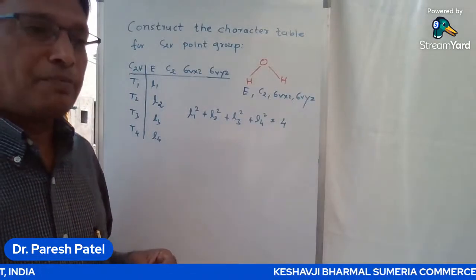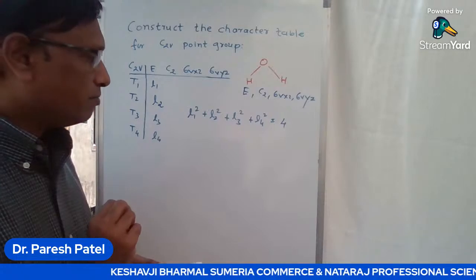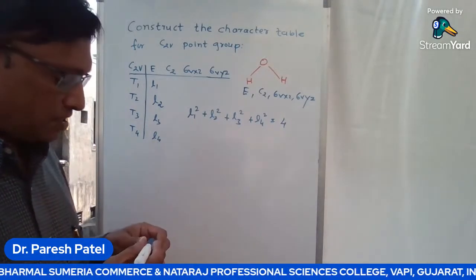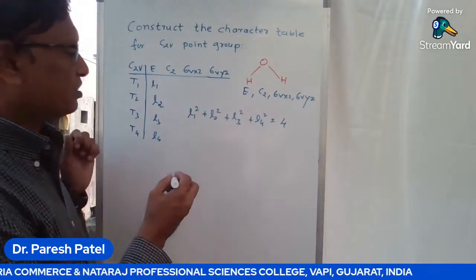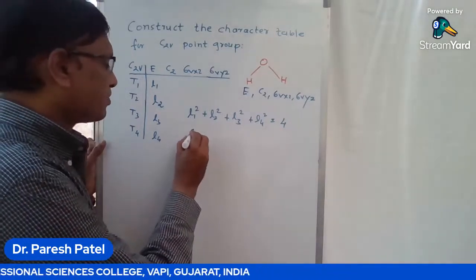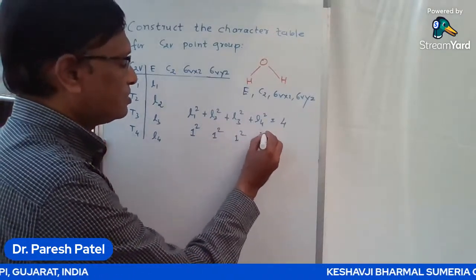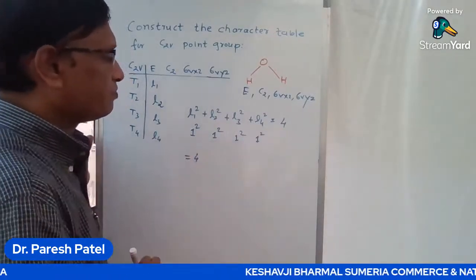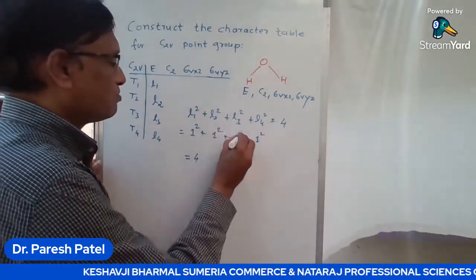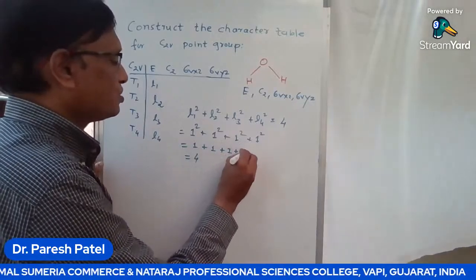Now we know that the dimension of any representation can't be negative, so the minimum dimension is 1. A negative dimension is not possible. So if we take the minimum dimension, 1 square plus 1 square plus 1 square plus 1 square is equal to 1 plus 1 plus 1 plus 1, which is equal to 4.